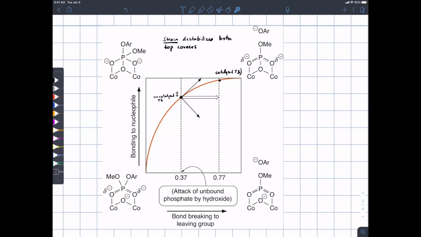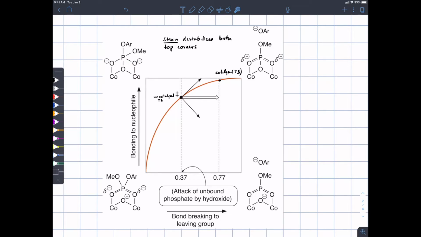Shown here are extremes along the reaction pathway. So at this corner we have starting material bound to the catalyst. Here we have nucleophile attacks without leaving group leaving. So this is an intermediate that would be proposed if you have a pentavalent phosphorus. And actually that's not that unreasonable.